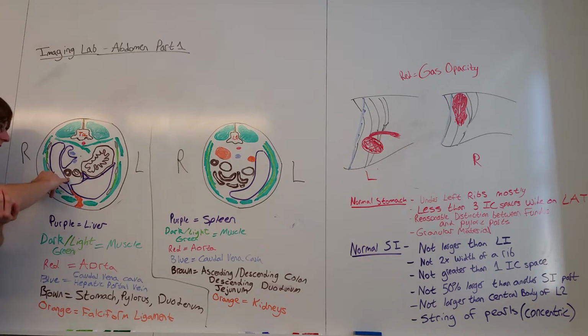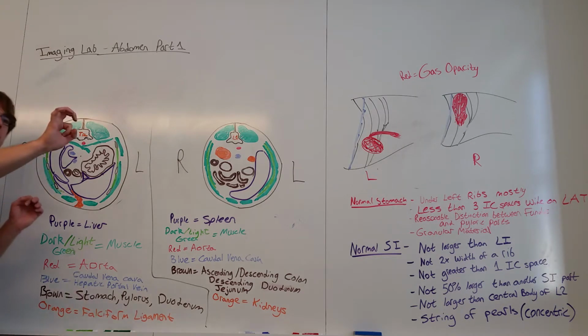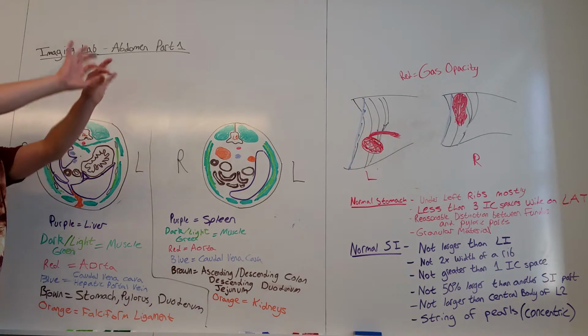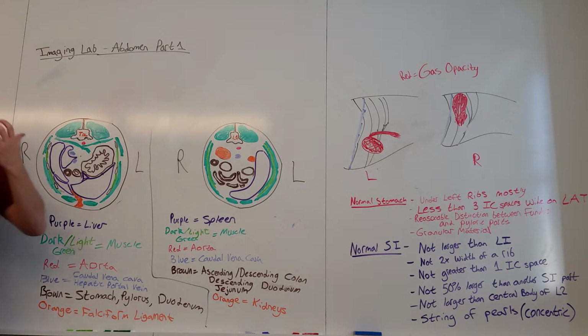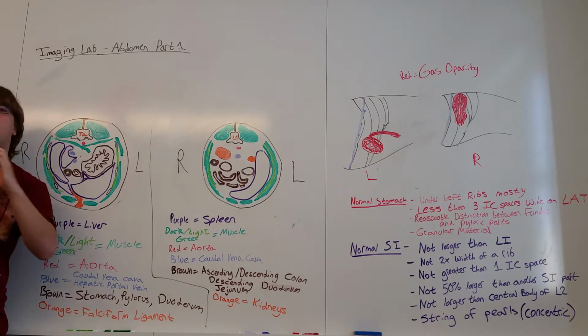Another key point to notice about the duodenum is it appears to have a much thicker appearance. You see an itty-bitty lumen within a much rounder shape. I kind of picture the duodenum almost like the equivalent of an artery.